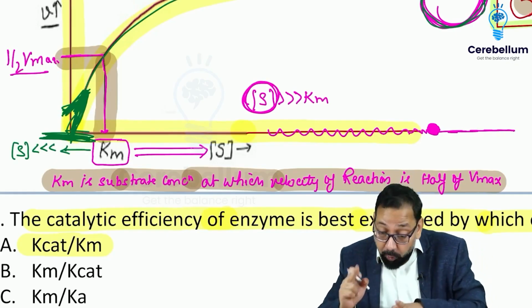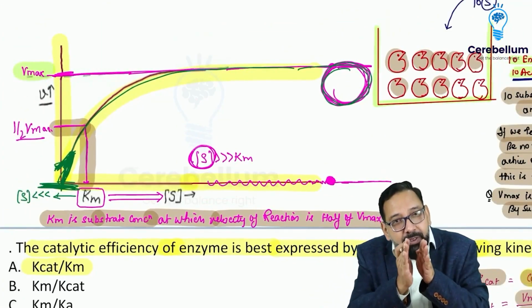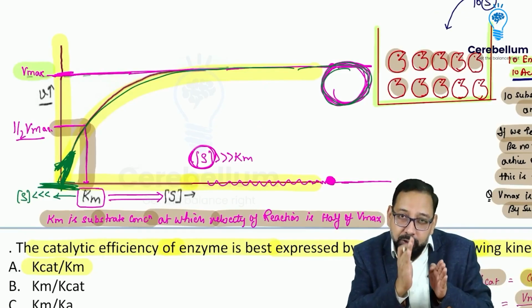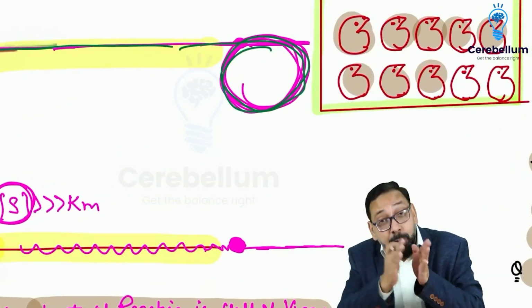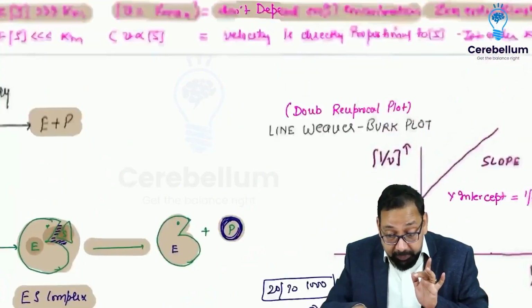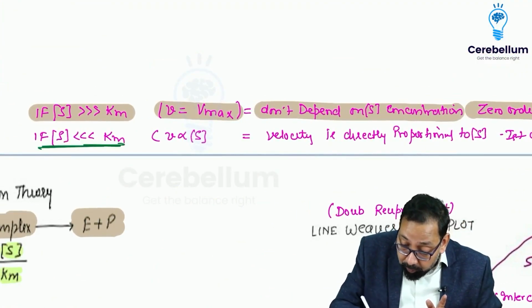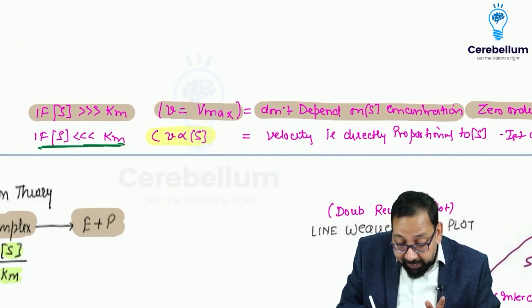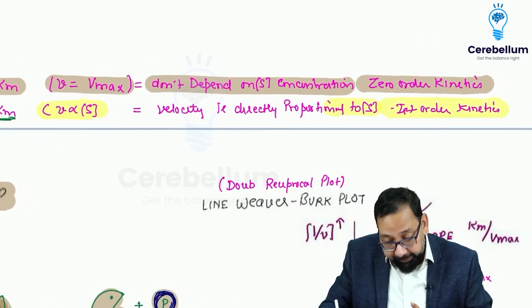So you will remember by this diagram that if substrate concentration is very, very low, that is first order kinetics, and if substrate concentration is very, very high, this is zero order kinetics. If substrate concentration is very low, then velocity is directly proportional to substrate concentration. This is first order kinetics.